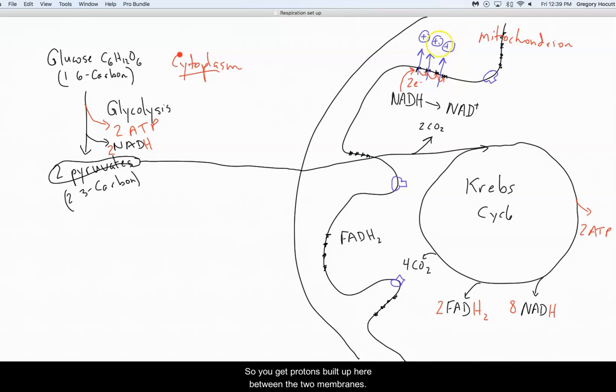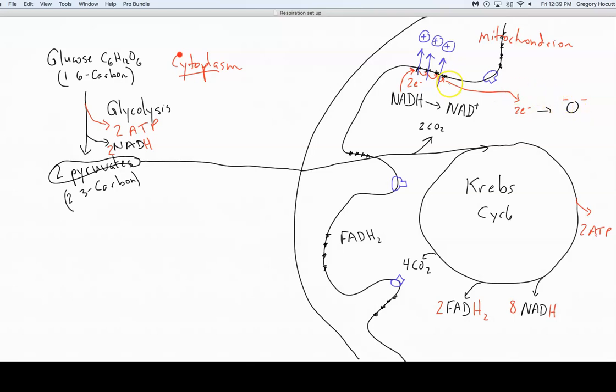So you get protons built up here between the 2 membranes, and then the 2 electrons go off, and they bond up with oxygen. So you get oxygen and then these 2 electrons on it. This is why you need oxygen basically to survive.